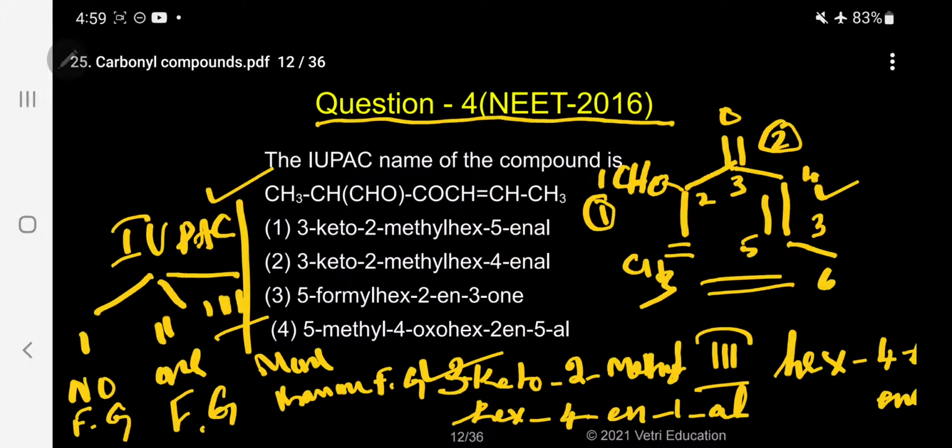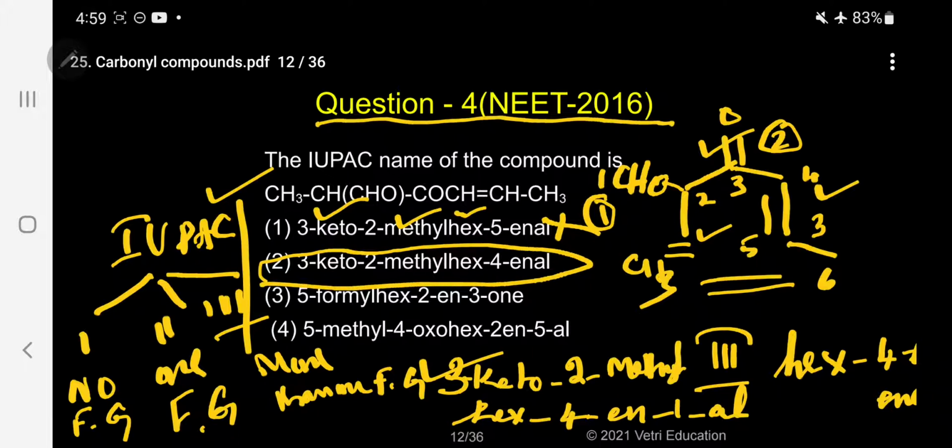Kindly follow, this is called 3-keto, 2-methyl hex-4-ene-1-al or 4-enol. Just see here, 3-keto, 2-methyl, hex-5... No, it is not. Coming over here to 3-keto, 2-methyl, hex-4-enol. So probably this may be the correct answer.